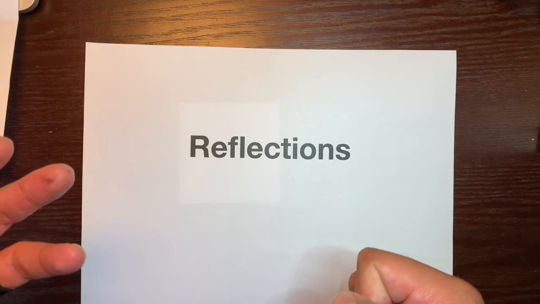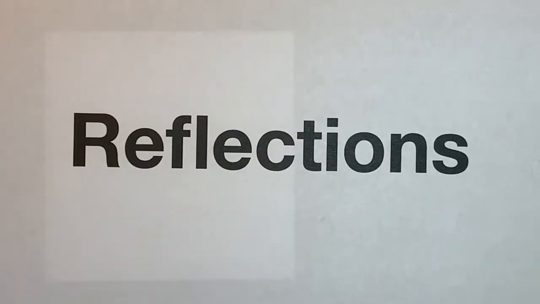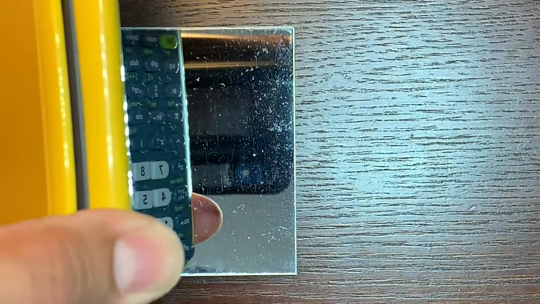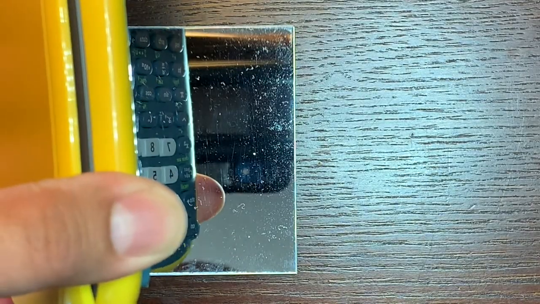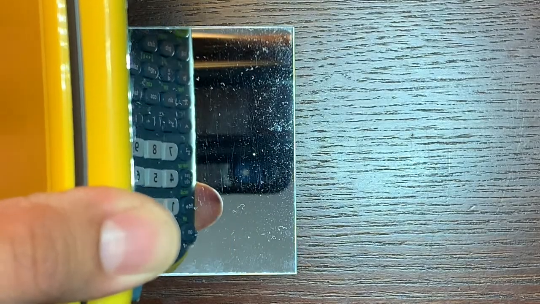So think for a moment, where do you see a reflection? Yes, in a mirror. So here's a mirror, and you can see the reflection right there of the camera, but let's get a better reflection of this calculator. So we're reflecting this calculator, and you can see the reflection of the numbers.